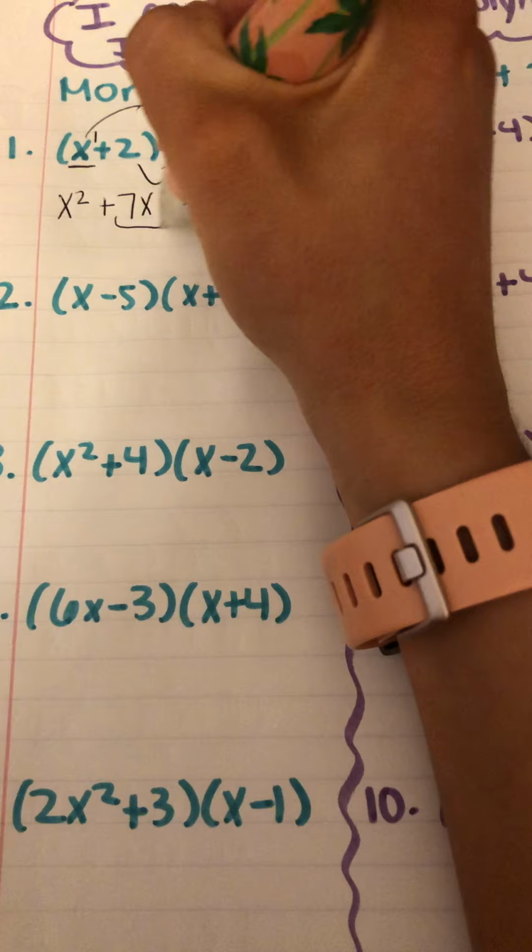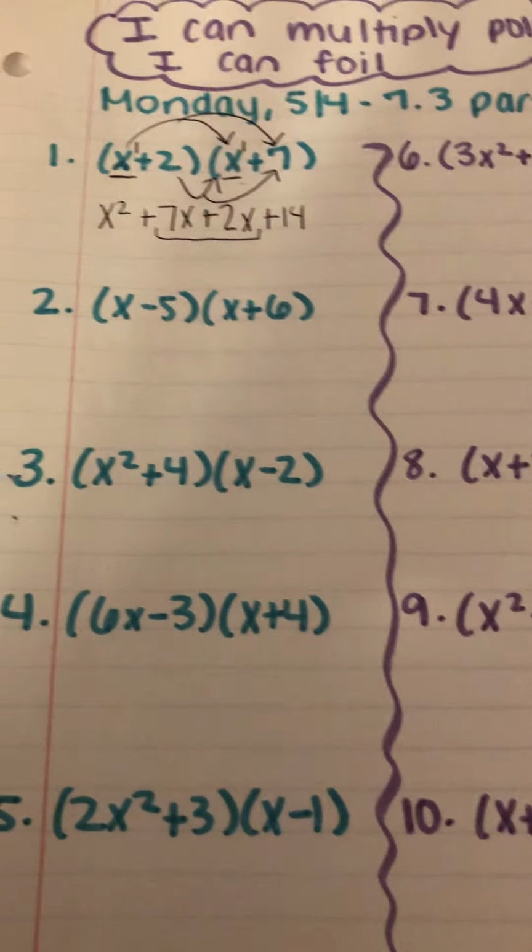And that 2 is going to distribute to the x. So 2 times x is 2x. And 2 times 7 is going to give me 14. I like leaving a space here so that I can see my arrows and I know I've done all my steps. Now, looking at this problem, I know I'm not done yet because I do see 2 like terms here.